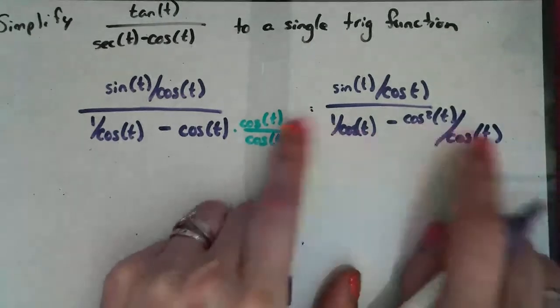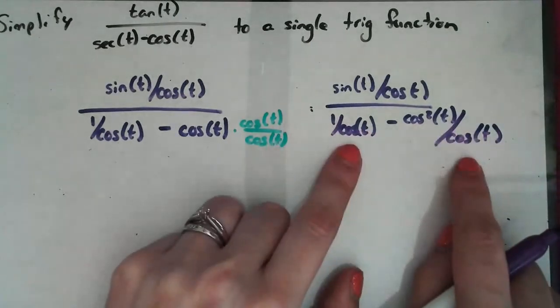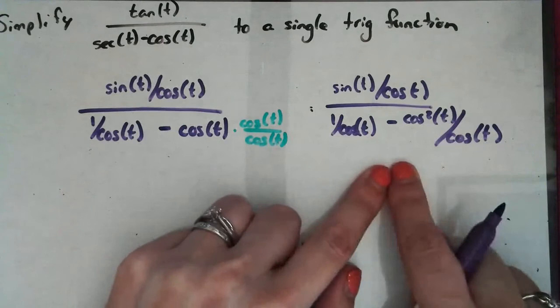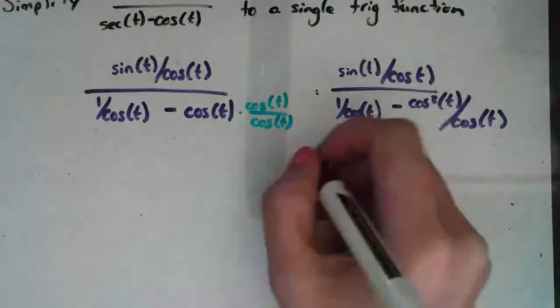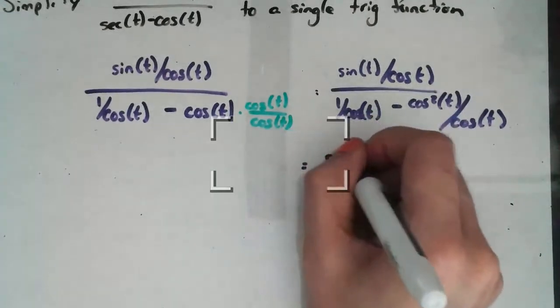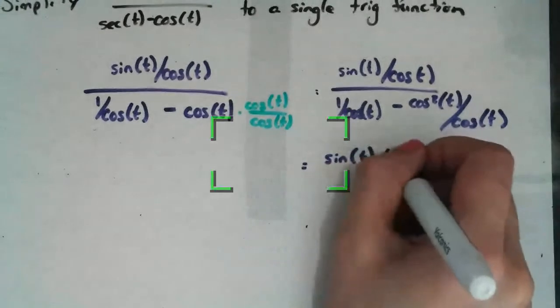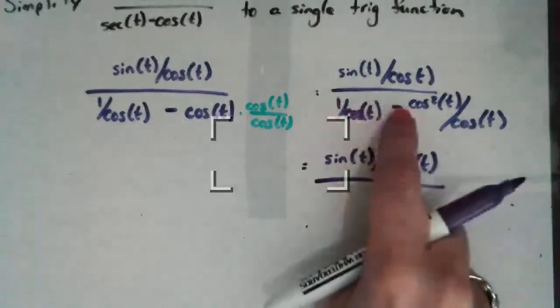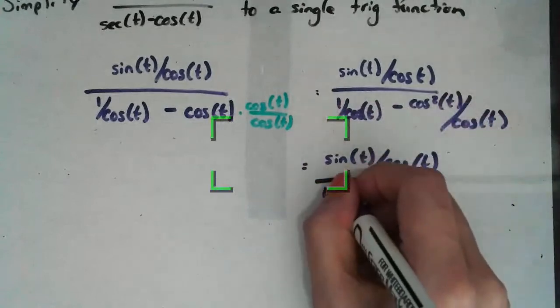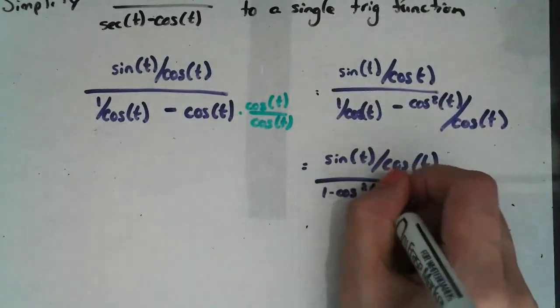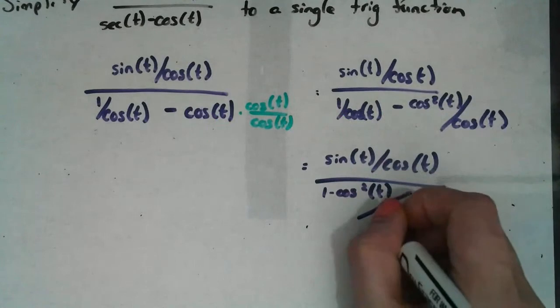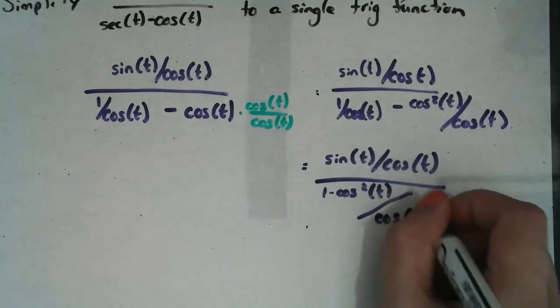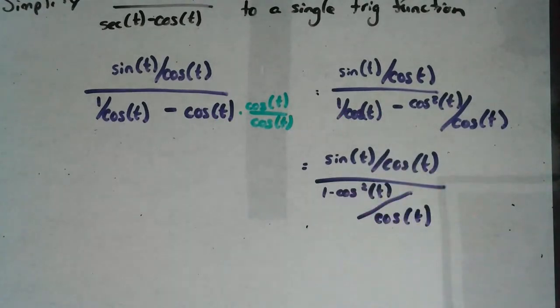So now in my giant denominator, both of my denominators match, so I can combine those together. I'm going to leave the top alone, sine of t over cosine of t. In my denominator, I have 1 minus cosine squared of t all over the cosine of t. All right, let's try this keep, change, flip thing.